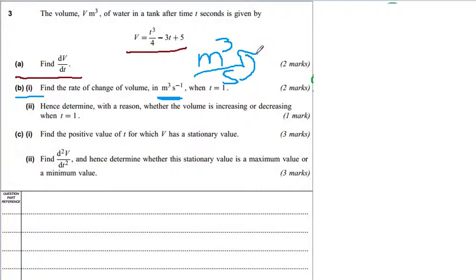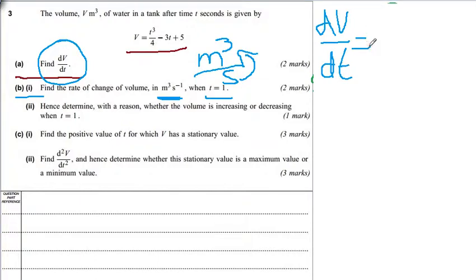So find the rate of change. Well, you just worked out a formula for the rate of change. That's what dv dt is. So t equals 1, just put that into the formula, and you'll get dv over dt is equal to 3/4 of t squared, well 1 squared is just 1, so times 1, minus 3.